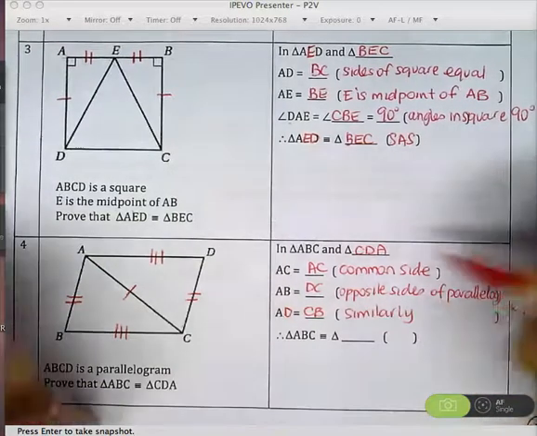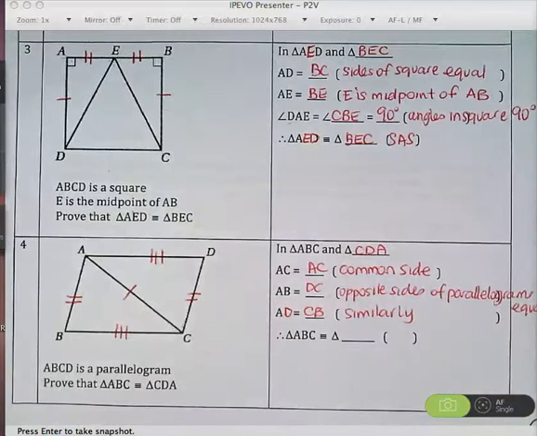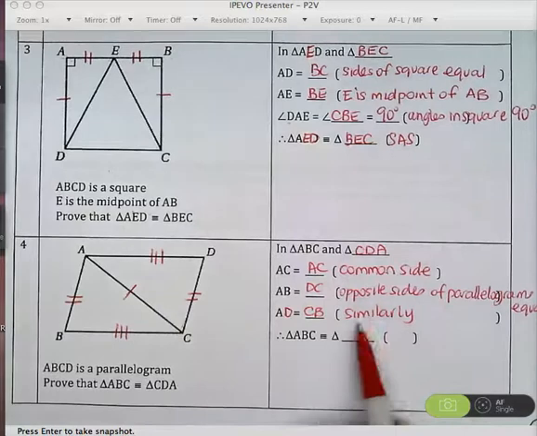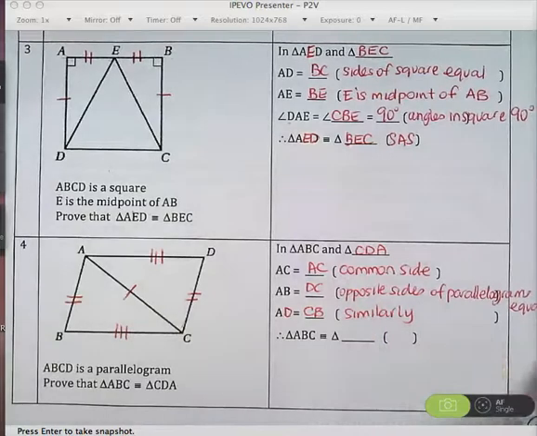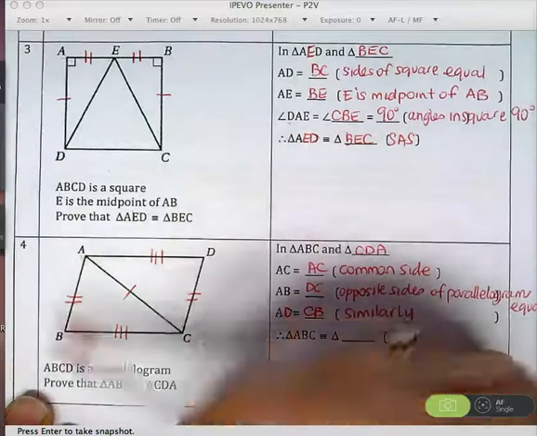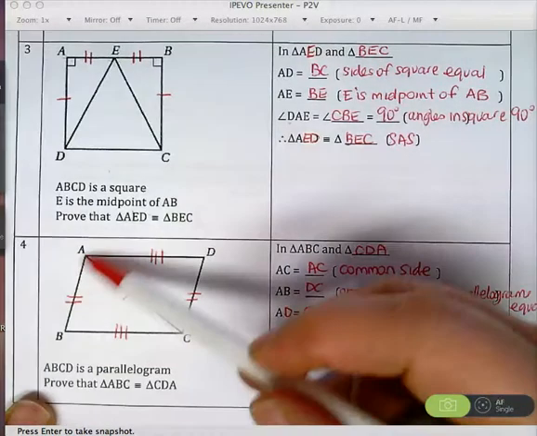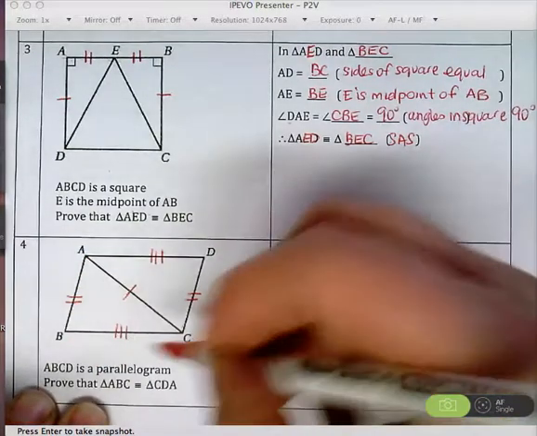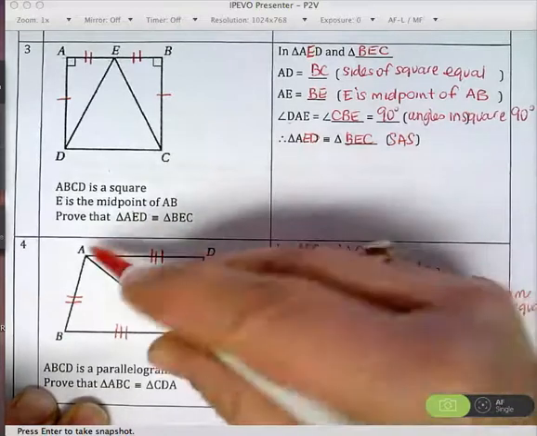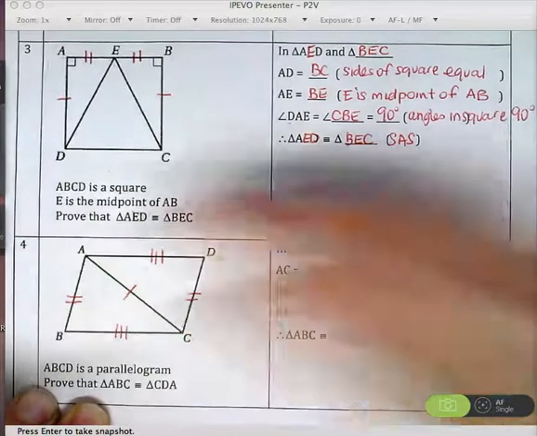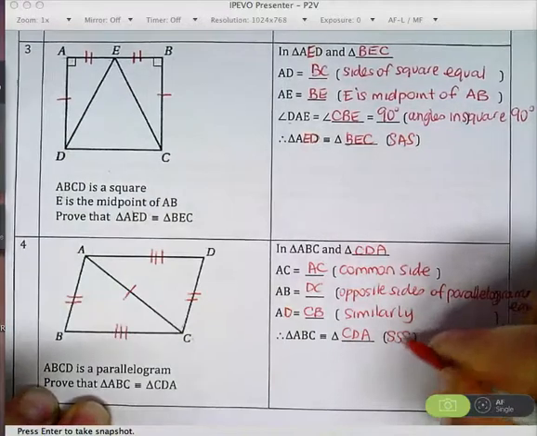In other words, opposite sides of parallelogram are equal. But I can only say that because it was written directly in the line above. Or if you want, you just write opposite sides of parallelogram are equal again. So therefore, triangle ABC, now I've gone along the double dash side to the triple dash side. To name that in corresponding order, that would be along the double dash and the triple dash side. So it's congruent to triangle CDA, and the reason is SSS.